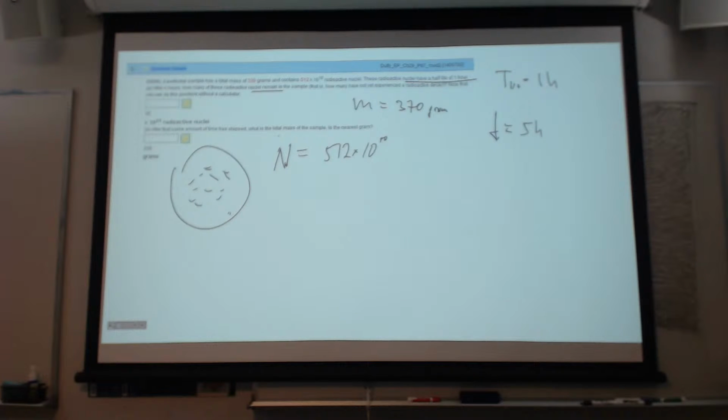What law do you have to use? I don't know what it's called, but I think it's where you multiply the number of total radioactive nuclei. Well, if it's a radioactive element, you should use the law of radioactive decay.